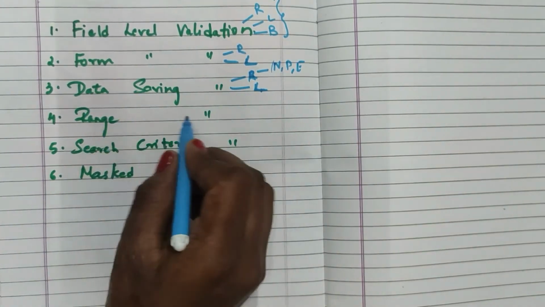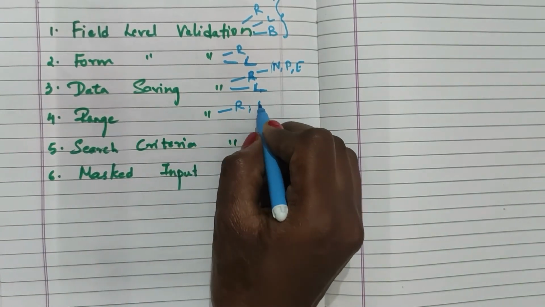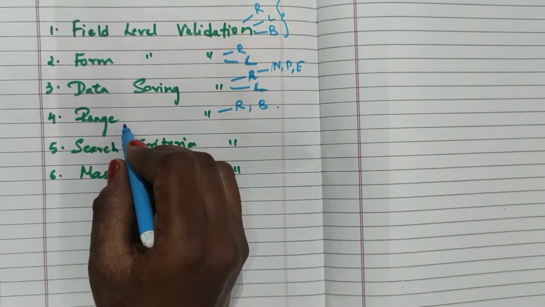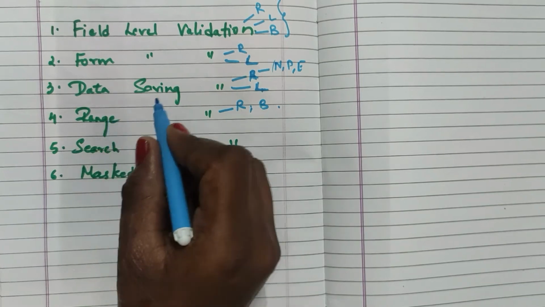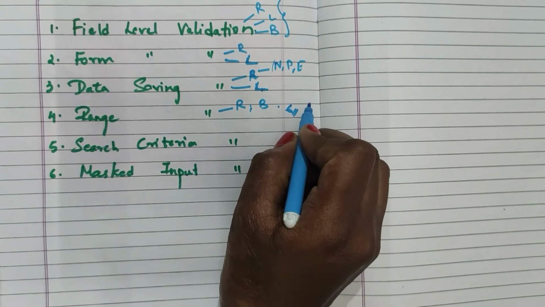Now moving on to range validation. In your register form or billing form, the phone number should have only 10 numbers, so it should accept only 10 numbers. That is range validation. Also, take the example of pin code: it has 6 digits, so it should not exceed 6 digits.